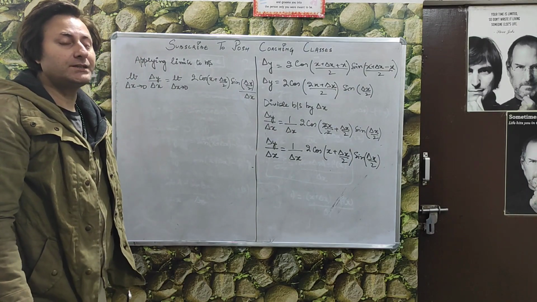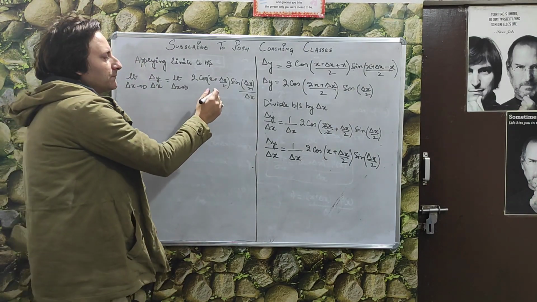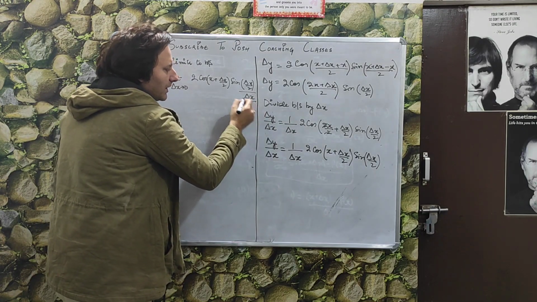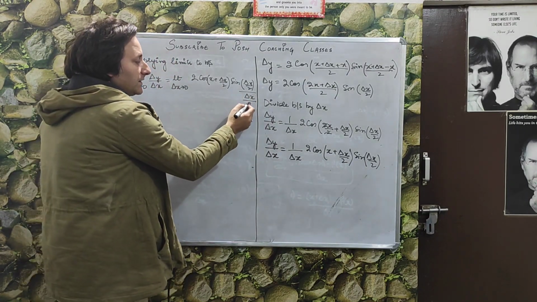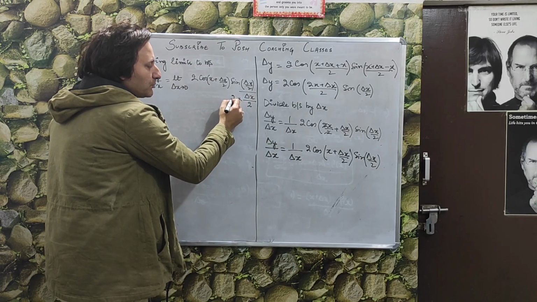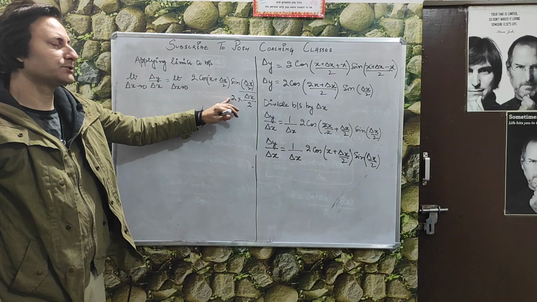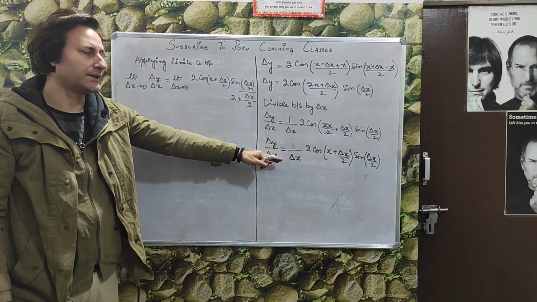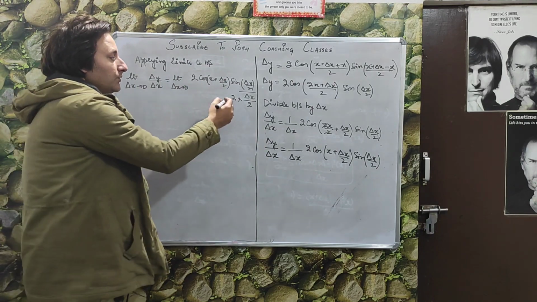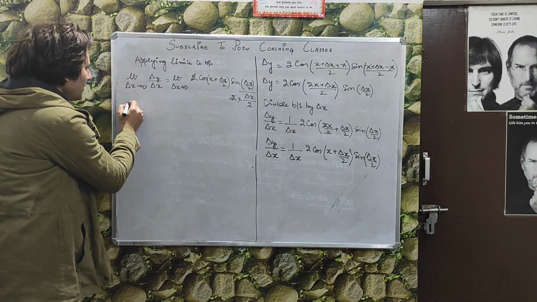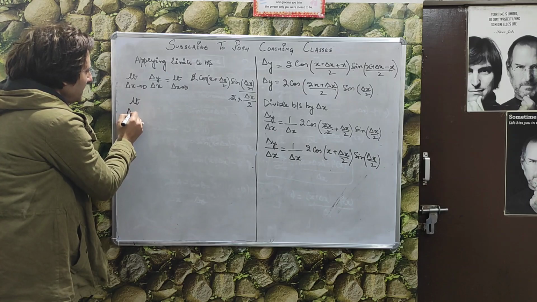Now why I am writing it, there is a reason. After this part I'll let you know. I am putting a 2 here by myself, and this 2 is extra, so I will put a 2 here as well. If we cancel out this 2 and this 2, it becomes the same thing I had earlier. Now I'll repeat it again.